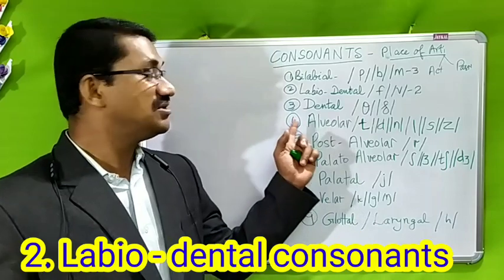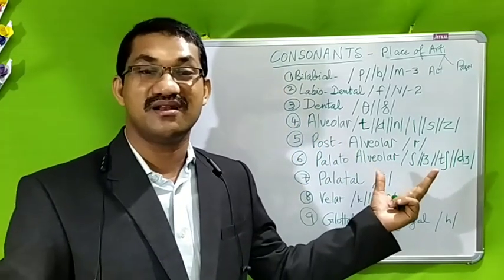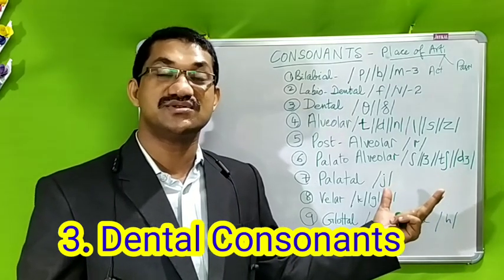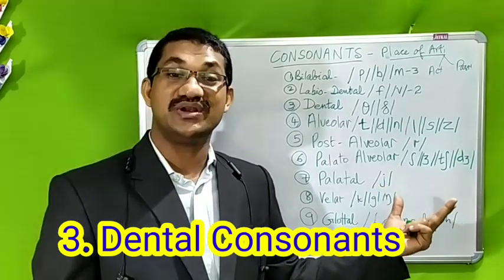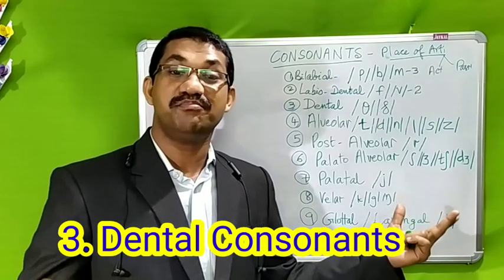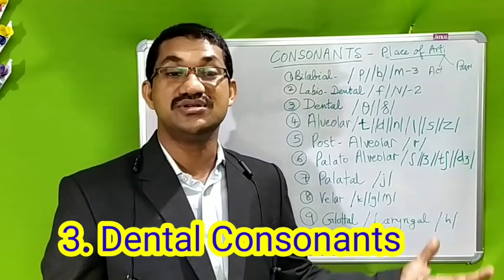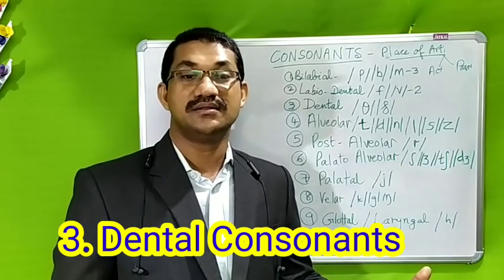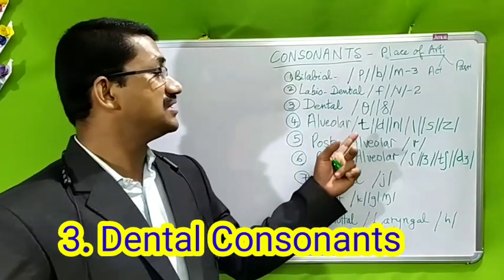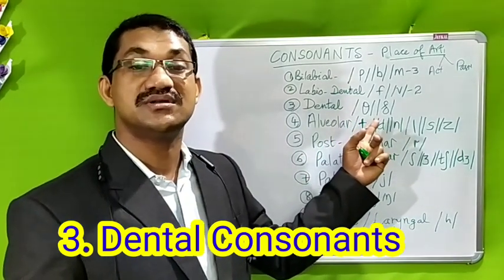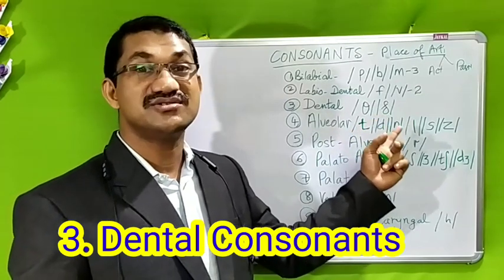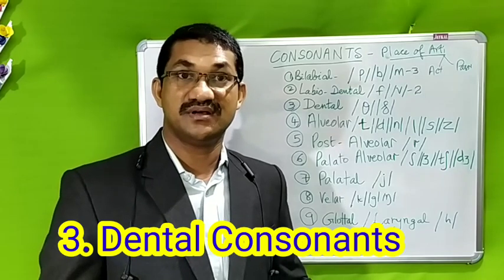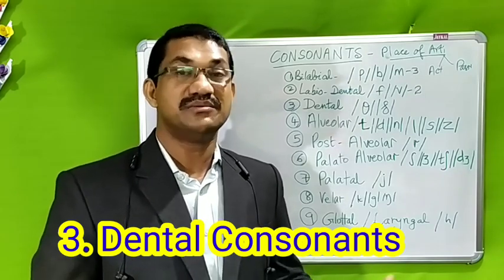Now we move on to the third, that is of course dental. Very easy to understand. The dental sounds are articulated by the tip of the tongue against the upper teeth. And there are 2 sounds, th as in thank you, and the as in this: thank you, thought, thief, father, mother.